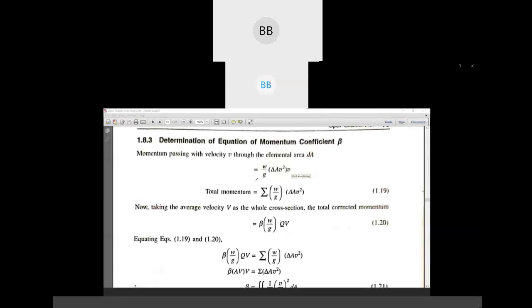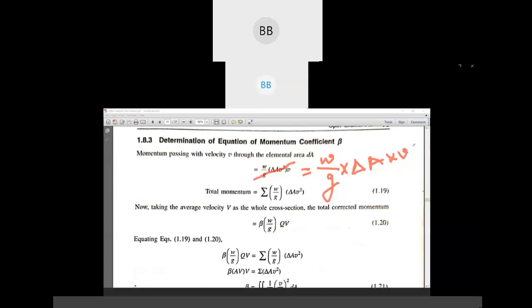Here, this is wrong. This is specific weight divided by acceleration due to gravity multiplied by the elementary area, del A, multiplied by velocity. This is mass.